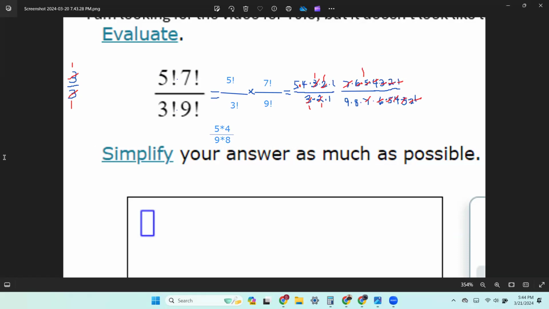So same old thing. 4 goes into itself 1 time and into 8 twice. So up at the top, see, that's why we didn't need to put 20. You could have, and just take 20 and divide it by 72.